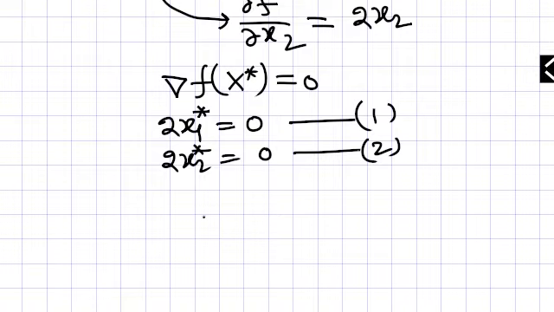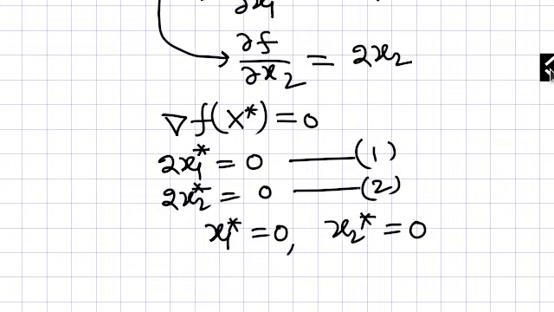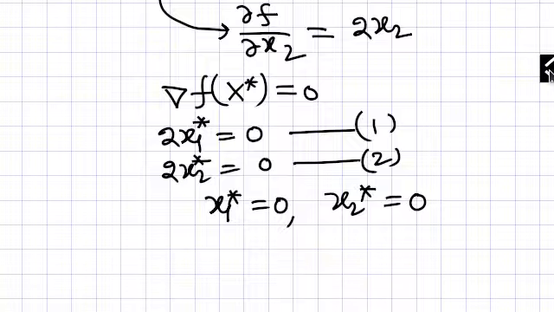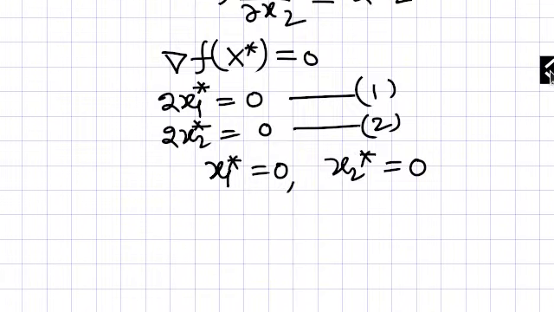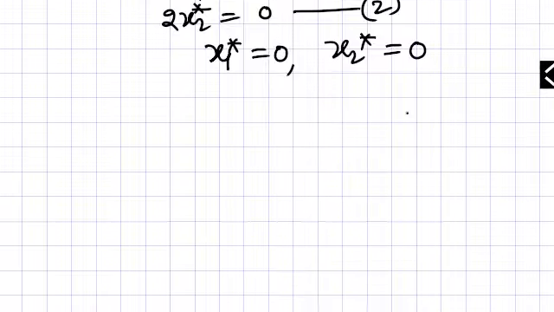So your point is x1 is equal to 0 and x2 is equal to 0. Asterisk we put because now our point has become definite. We are calling it stationary point. Now third is that Hessian matrix we have to decide at this point.